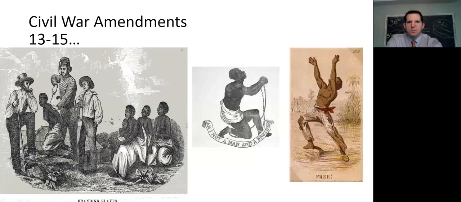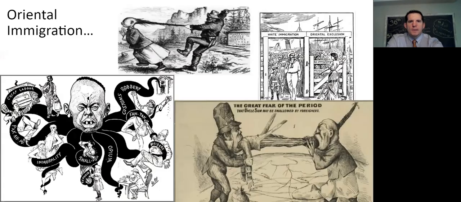Then obviously we know the plight of African Americans, but this was shared with Orientals as well. And look at the octopus there and read those things on the octopus arm. Some of the very same things you hear about with other groups, right?